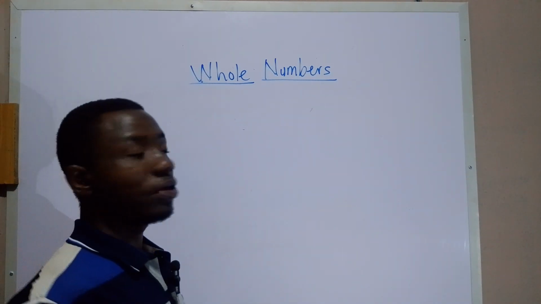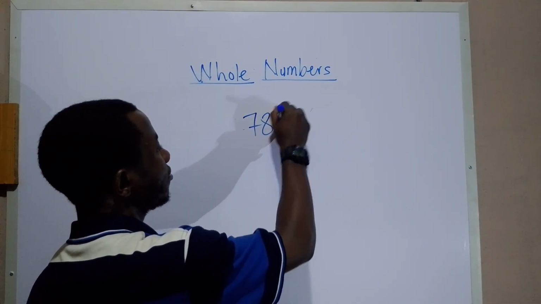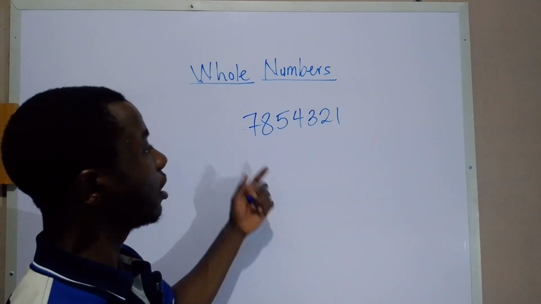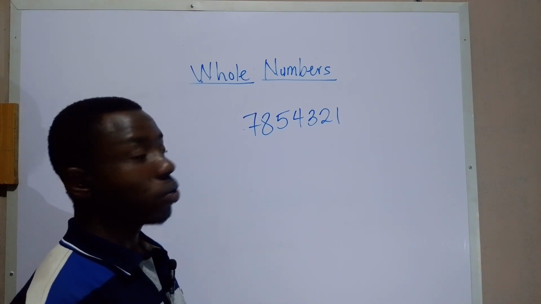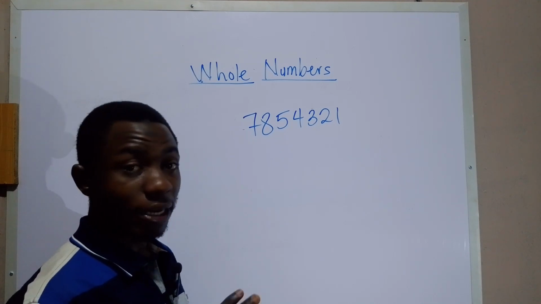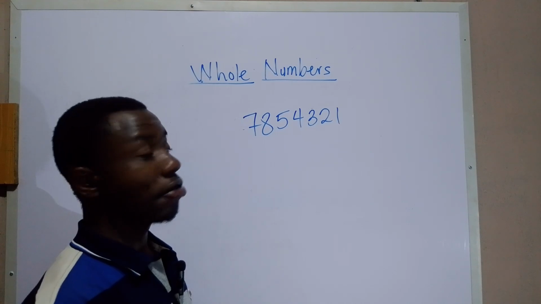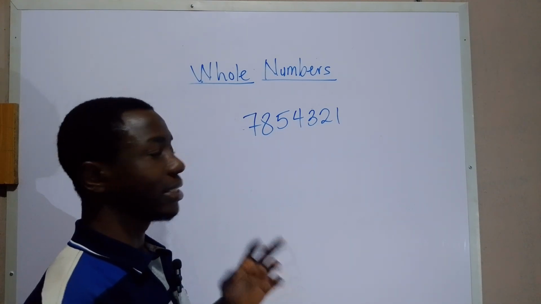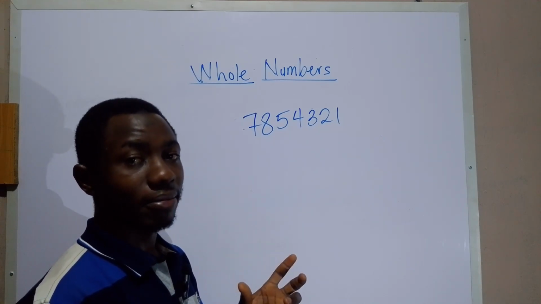So, assuming you are given a number like 7854321, and you are asked to determine the place value of any digit in this given number. So the place value system is such that every digit in this given number falls under what we call a period, and every period has 3 digits in it.